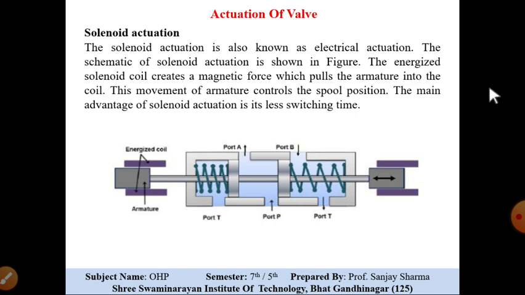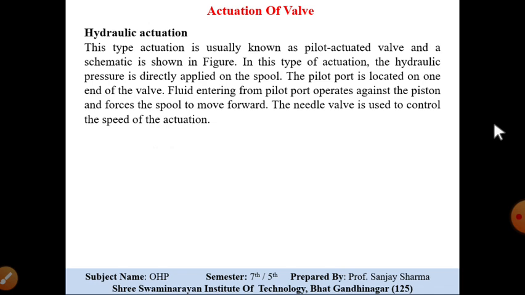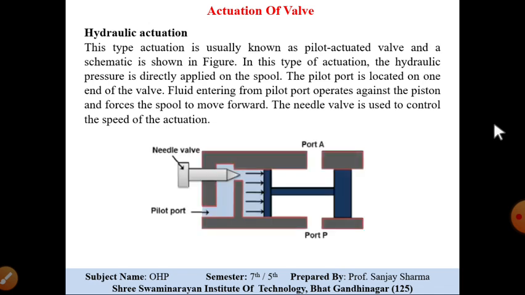Now the next is hydraulic actuation. Hydraulic actuations are those actuations where hydraulic force is used in order to operate the motion of the valve, that is the pilot actuated valve.